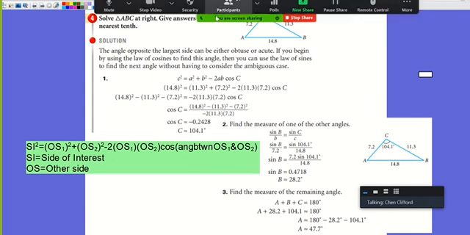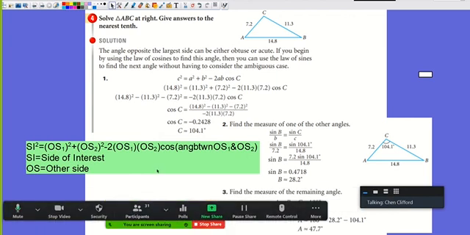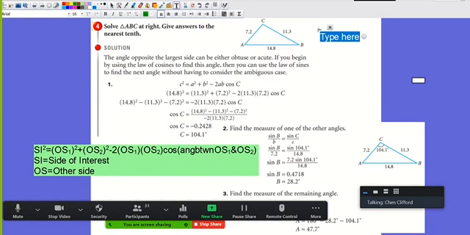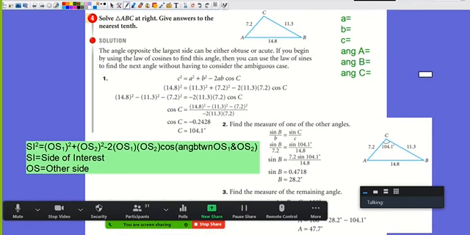They chose to find angle C. So again, solving the triangle means find all angles and all sides. A is 11.3, B is 7.2, and C is 14.8.